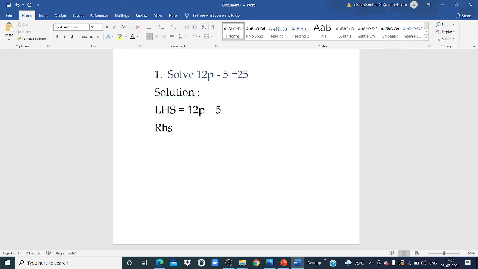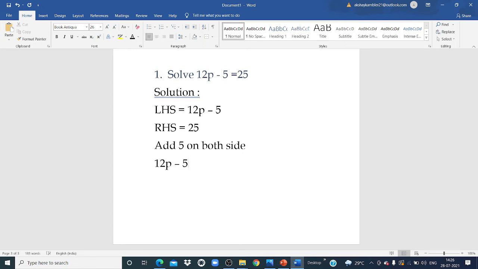And here we have the RHS. RHS is what? 25. So here we have the variable with the constant. So what do we have to do? To find the solution, the first method is what? Add 5 on both sides.